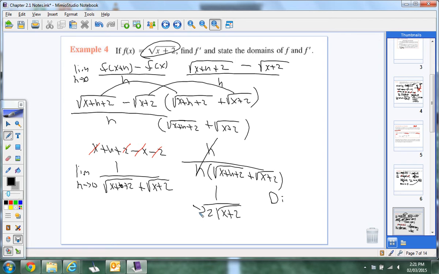Right here? So when I put a 0 here for h, because we're doing the limit now, I kind of skipped a step, but that made it so now I have root x plus 2 plus root x plus 2, and there's 2 of them, so I just wrote 2 root x plus 2. Okay? But what's the difference between the domain at the beginning and the domain at the end?